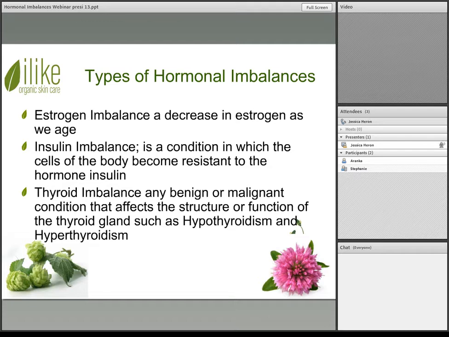So when the thyroid produces too much, which is hyperthyroidism, the body uses energy faster than it should. And when the thyroid gland doesn't produce enough, the body uses energy at a slower pace than it should, which is hypothyroidism. So we're going to take a look at all three of these types of hormonal imbalances, the symptoms, and also the causes, of course, and then what the skin condition symptoms can look like.